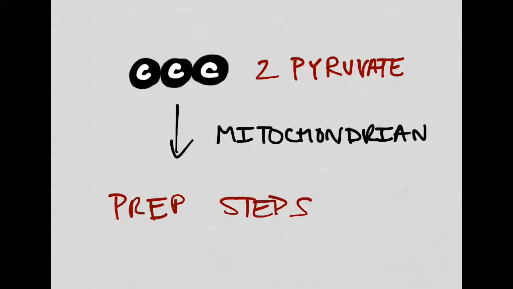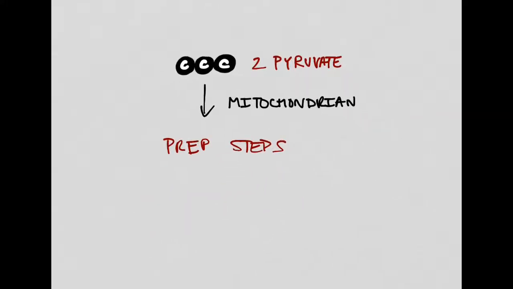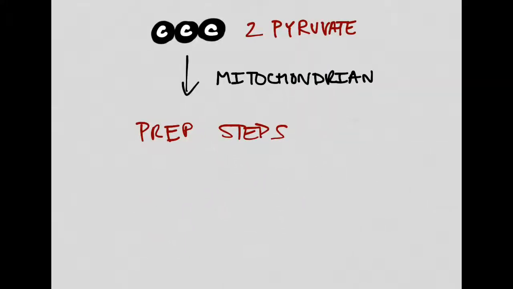They're called the prep steps because they're preparing these 2 pyruvates for the Krebs cycle. So we've got our 2 pyruvates moving in, and I'm just going to copy these and paste them down here. Remember, we've got 2 of them.